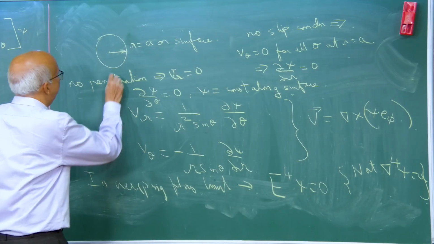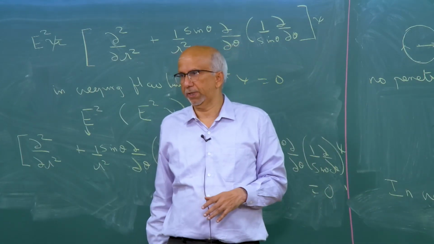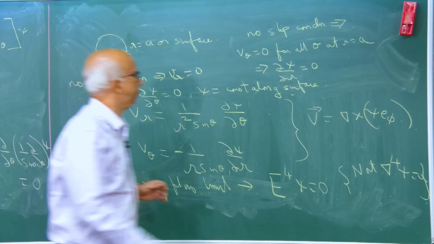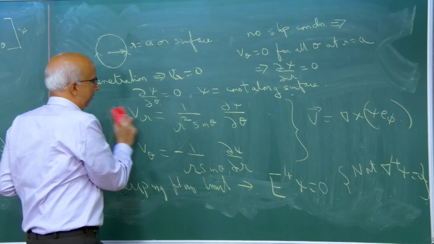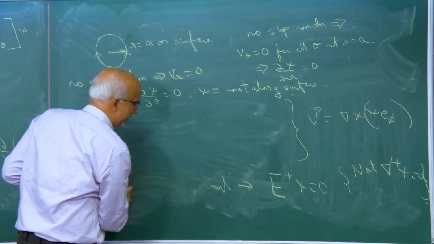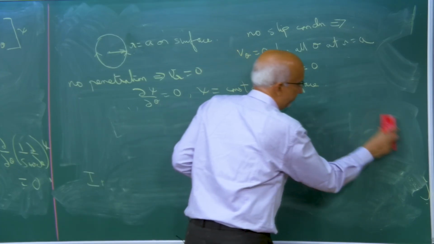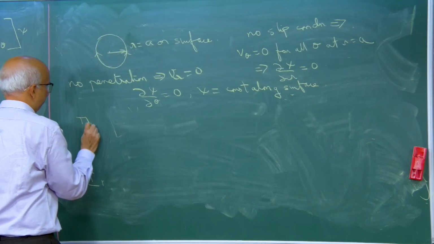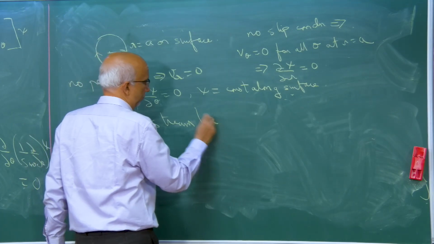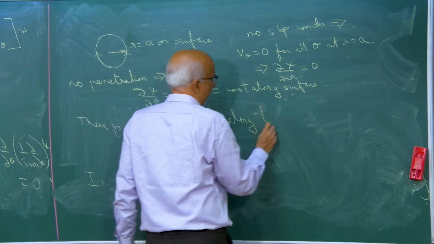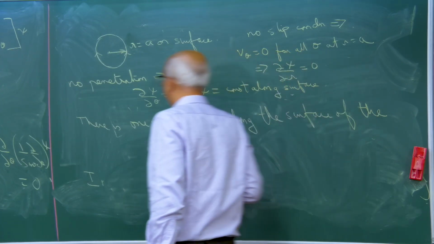So, that means there is one streamline along the surface of the sphere.